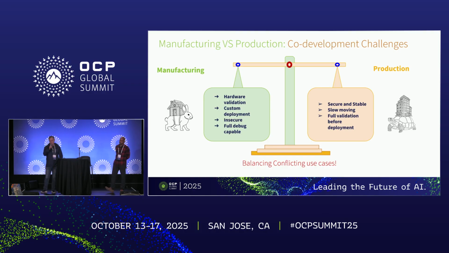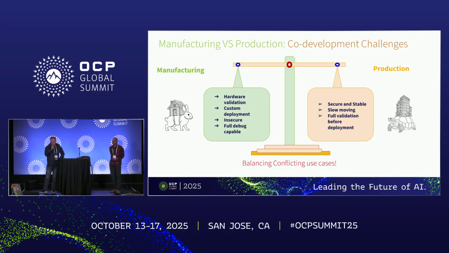The tricky part is there are 2 OSes in this process. One is the manufacturing OS, the other is the production OS. The manufacturing OS's purpose is to do hardware validation. So on security, it's more relaxed or even disabled. The kernel and driver are usually up to date, and some features of the kernel and driver will be enabled to help validation and debugging.